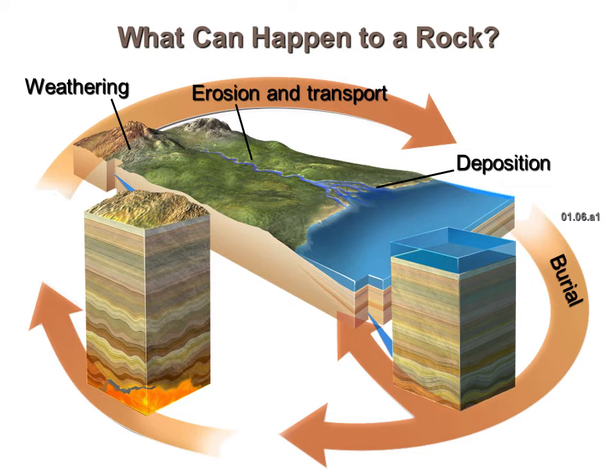Once deposited, sediment can be buried and compacted, and this leads to a process called lithification. Just like lithosphere, the root of that was rocky; lithification is turning into rock. Taking a pile of sand and compacting it and cementing it together so that it forms a sandstone.